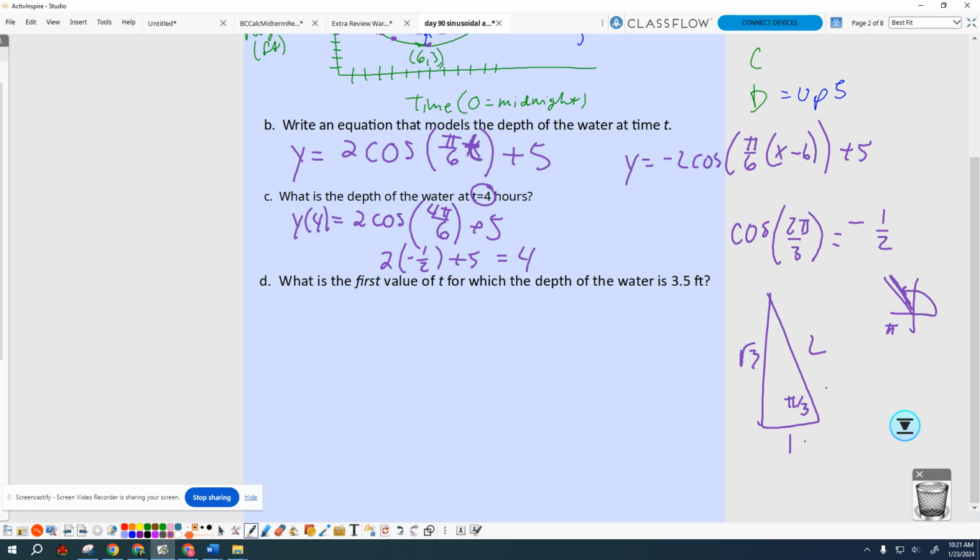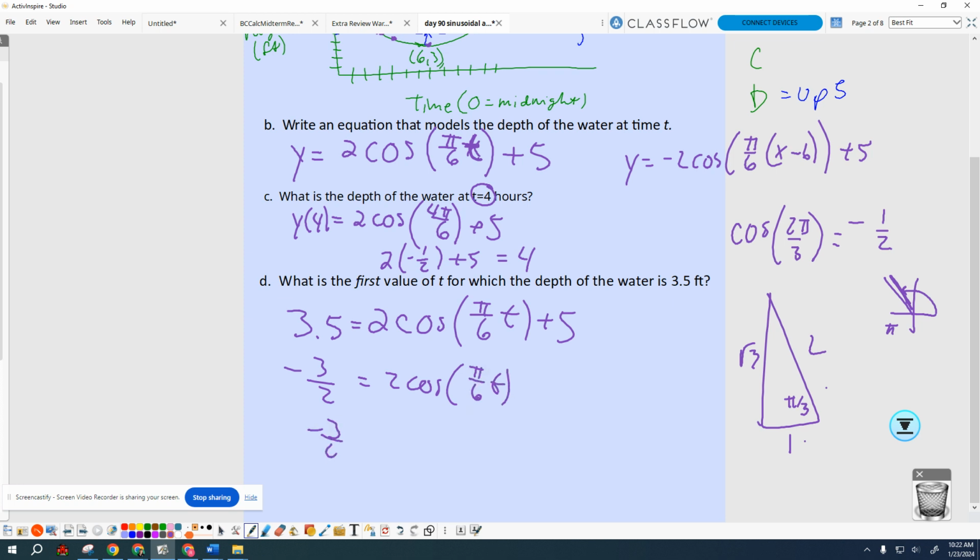David says to answer part D, the height of the water is going to equal 3.5. So 3.5 minus 5, negative 3 over 2, equals 2 cosine, divided by 2.